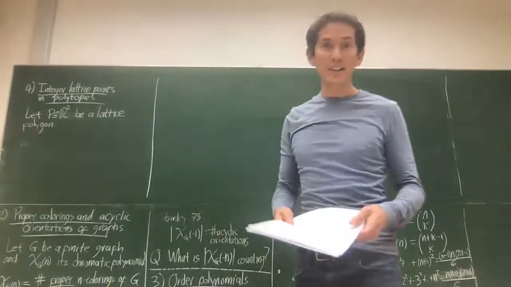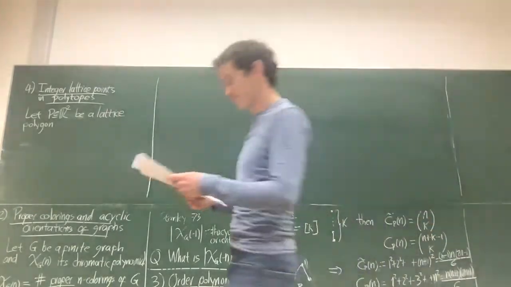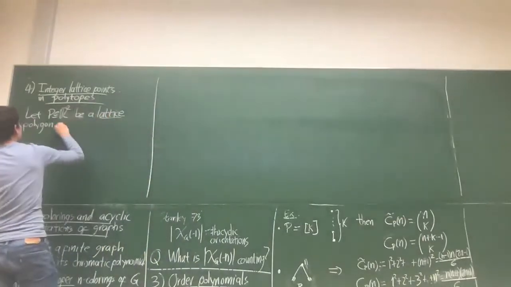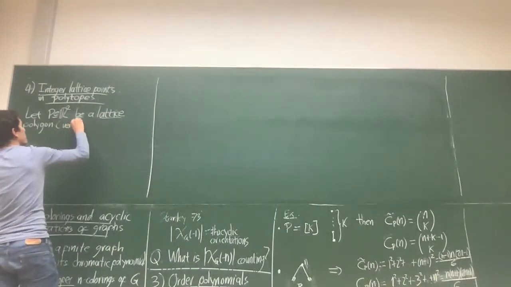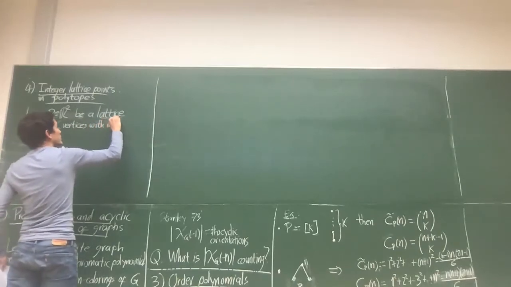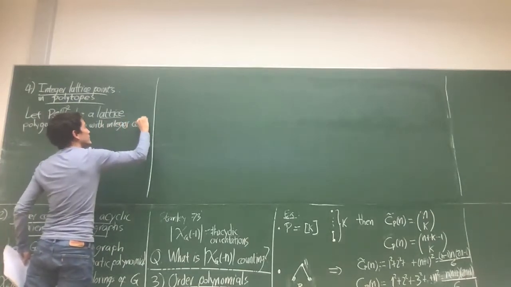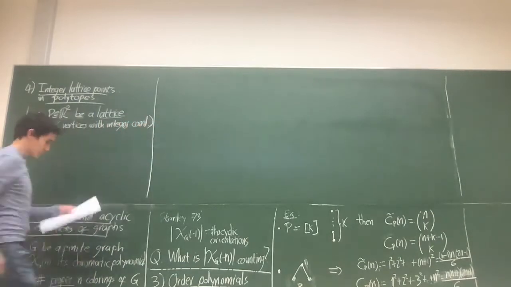A lattice polygon is a polygon whose vertices have integer coordinates. Okay.